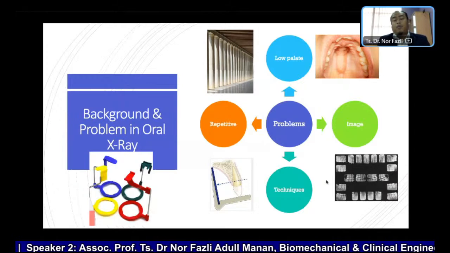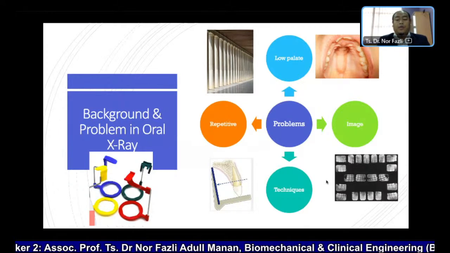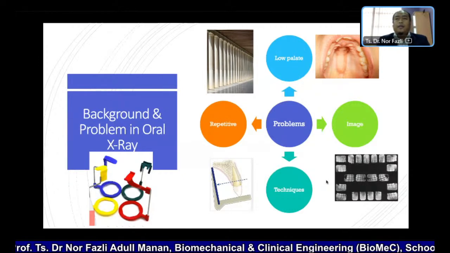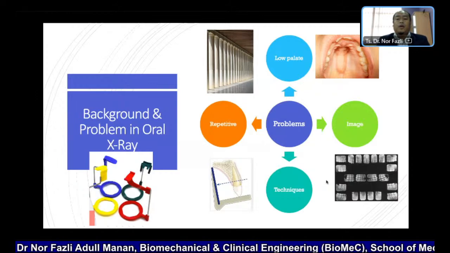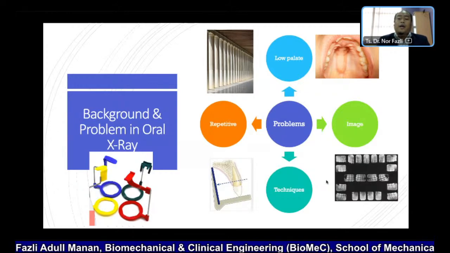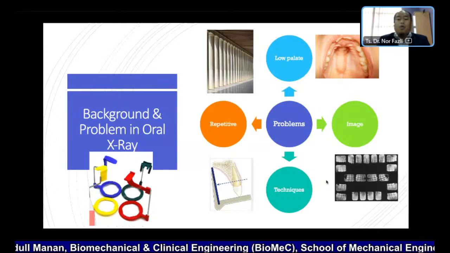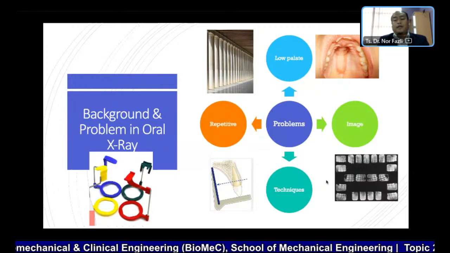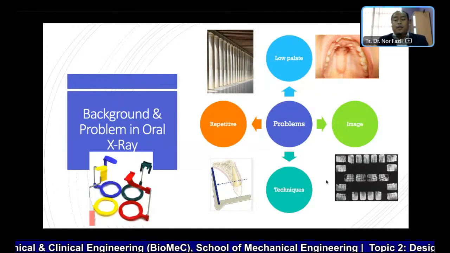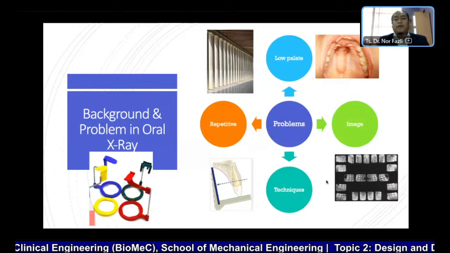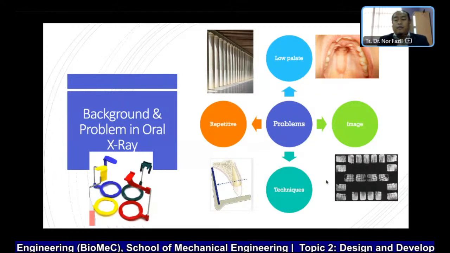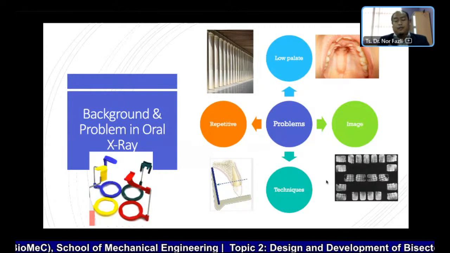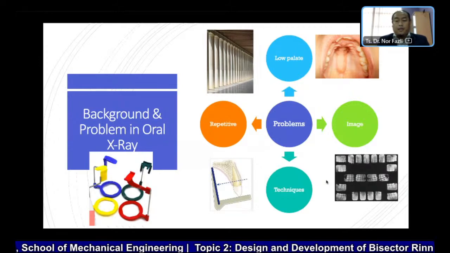The problem at that time, Dr. Yus explained, was that the current device is unable to be used for a patient with a low palate. If they use that device, the X-ray image would be distorted and would not show a specific hole or any flaws on the teeth, which caused difficulties in performing the next task.